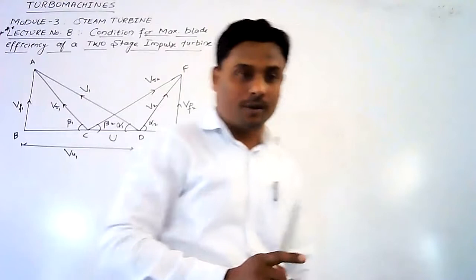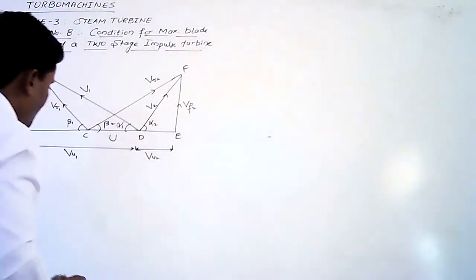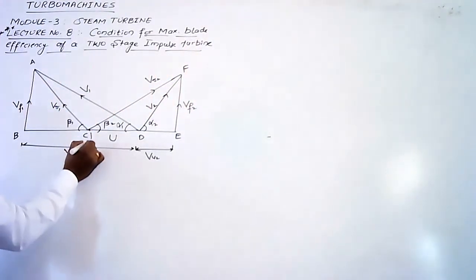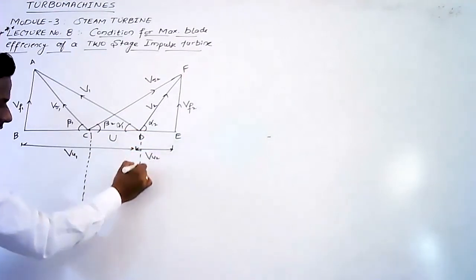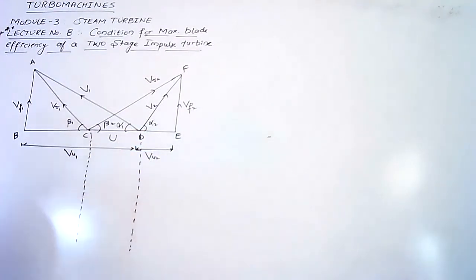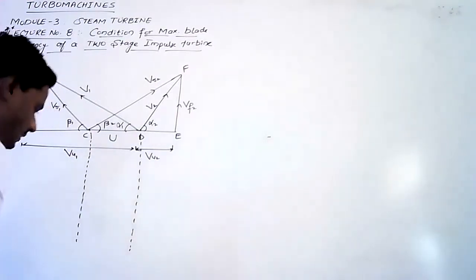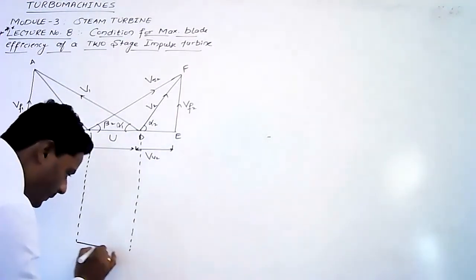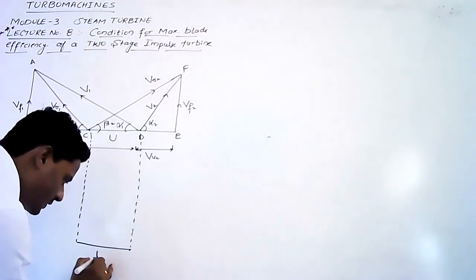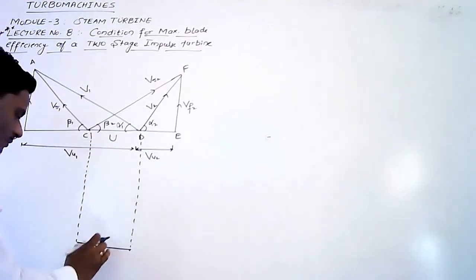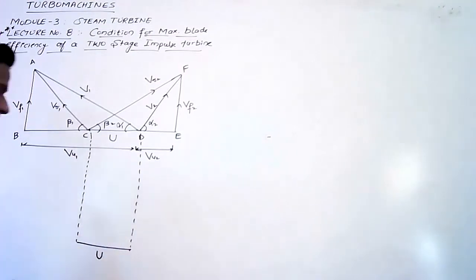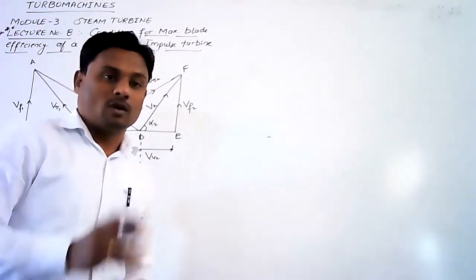Now the corresponding combined velocity triangle for stage 2: let us take a locus from point C and point D here. Now this is the common base U. U remains constant because both the runners, that is the moving blades, are mounted on the same shaft.